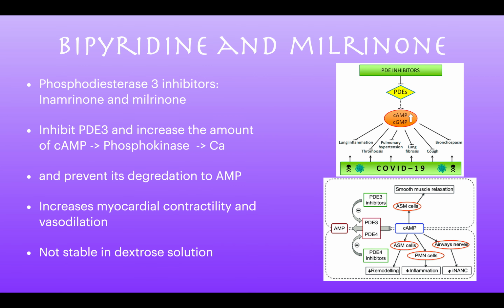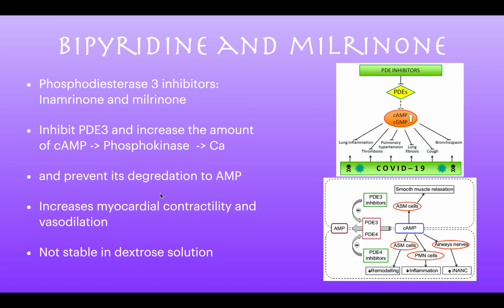Bipyridines, like milrinone, are PDE3 inhibitors, and those will inhibit PDE3 and increase the amount of cAMP, which leads to more protein kinase and more calcium. So that will prevent its degradation back to AMP.